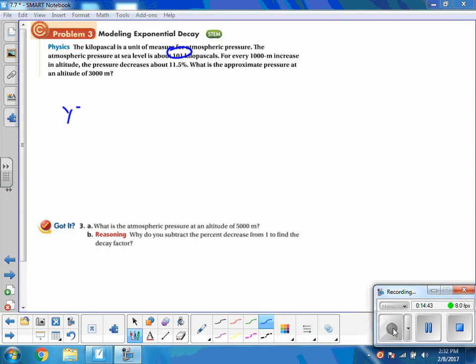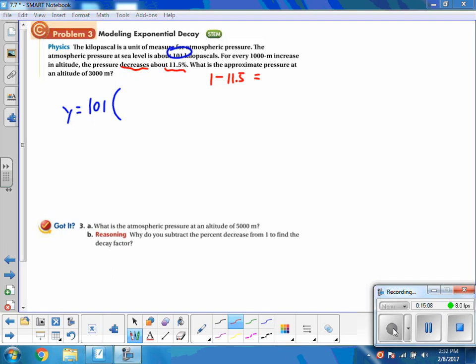We know that we have our starting point. So if I want to start building my equation, I know my starting point, times, now let's look at our growth factor. Let's see, it is decreasing. That already tells me it is going to be exponential decay, about 11.5%. So I have 100% of something, and I am decreasing it by 11.5%, right?